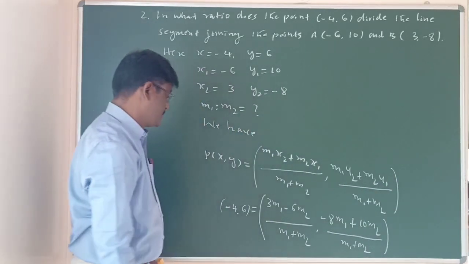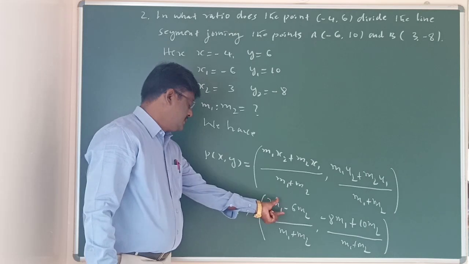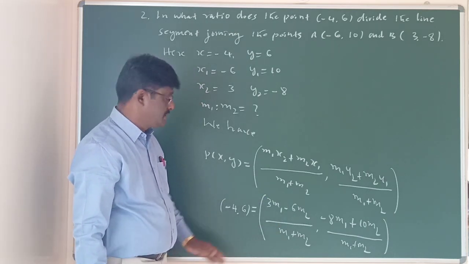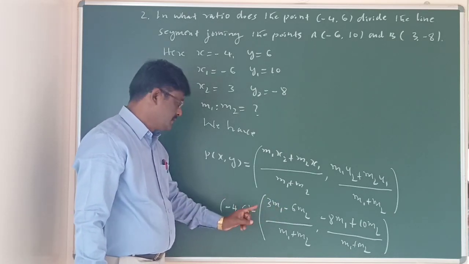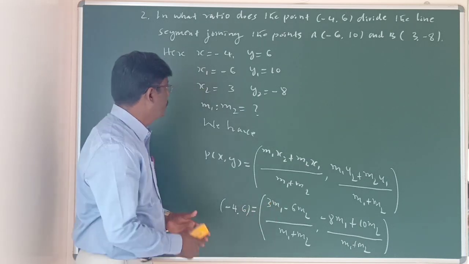Okay, children. Now after the substitution, there is no scope for further simplification. Now let us equate the corresponding components. Which are the corresponding components? x and x, y and y.